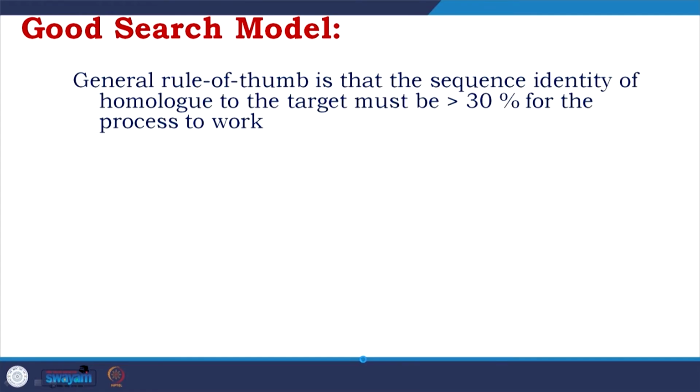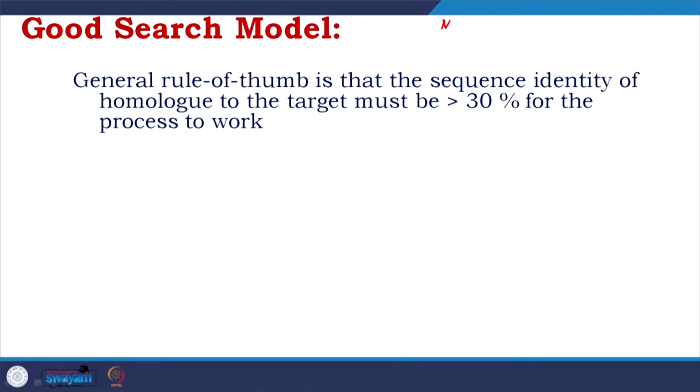So, the general rule of thumb is that the sequence identity of the homologue to the target must be greater than 30% for the process to work. See, that is the enormous growth of this field. When Michael Rossmann, MGR, developed MR, molecular replacement, it generally happened for the same protein.